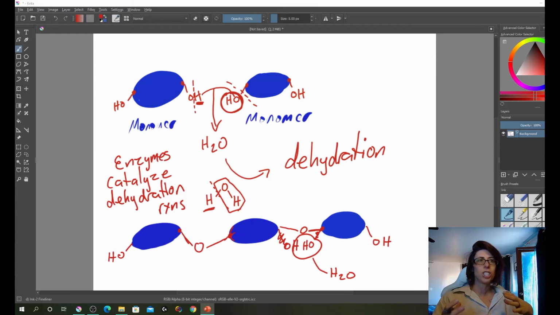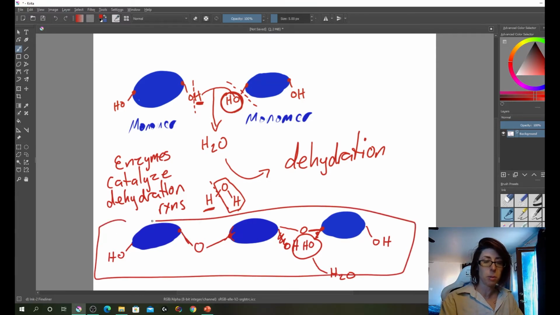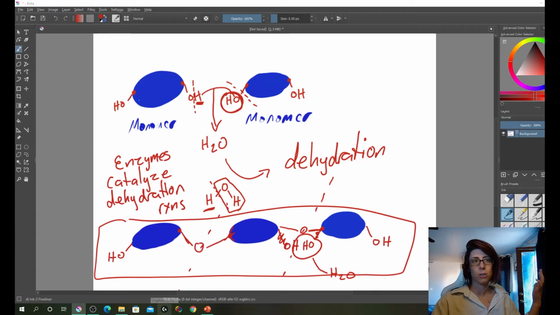Now, energy is contained in these large macromolecules, in these polymers. There's a lot of energy contained in there. And that's actually the purpose for a lot of them, is to store energy. So to release that energy, for the cell to use that energy, like when you eat a hamburger, it's filled with these polymers, and you extract energy from those polymers by breaking them apart back into monomers, and that releases the energy from them.